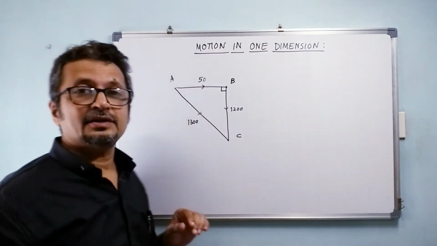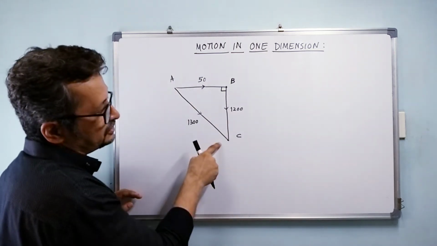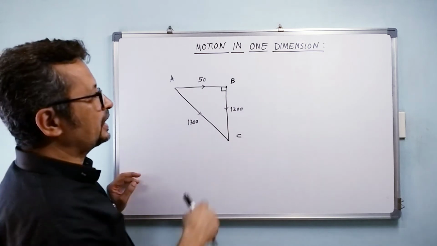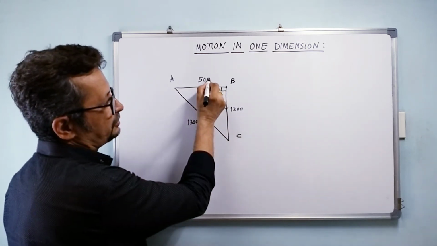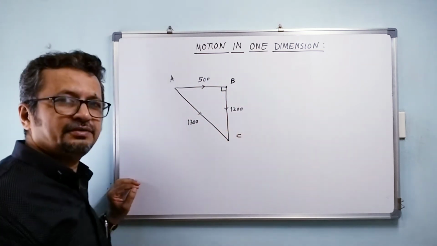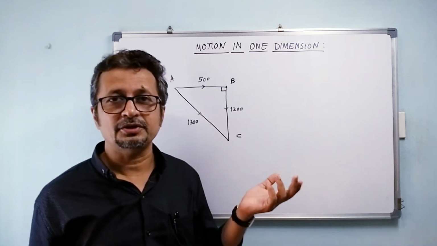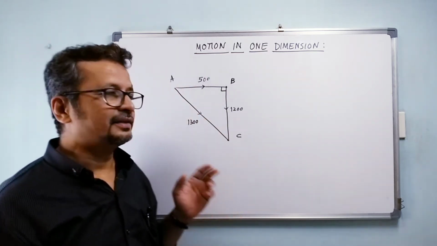So actually, for covering this distance of 1300 meter, I have to travel how much? 500 here, not 50. It would be 500, 1200 and 1300. 5, 12, 13, Pythagorean triplet. I made that mistake of writing 50 over there. But anyway, that is not important.